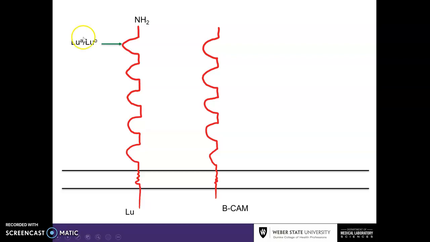As well to mention, these five are domains that are connected by a disulfide bond, and that'll be important in just a sec.